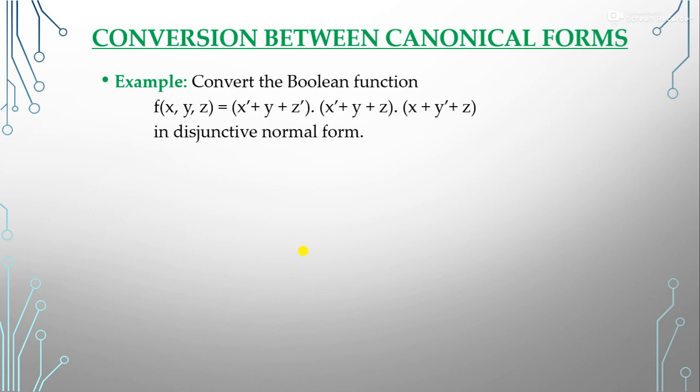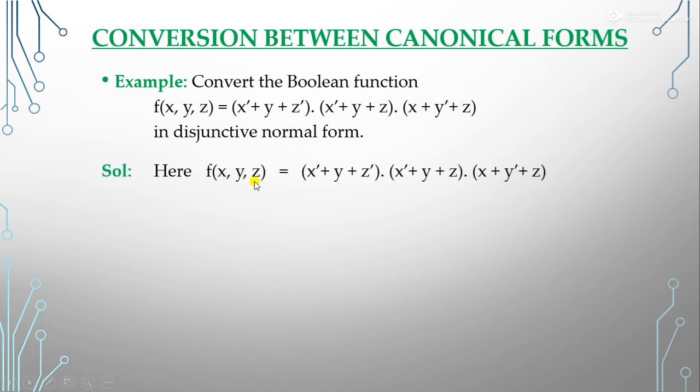Right? Next, again we have another example. If we have this one, we need to convert this into the disjunctive normal form. You can see this is a three variable function, and this is a product of sum form. It means CNF is given and we need to find the DNF of this. I already told you how to make the table.